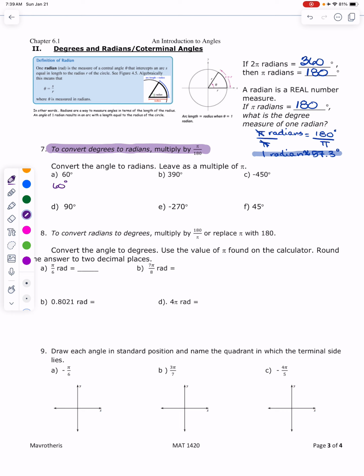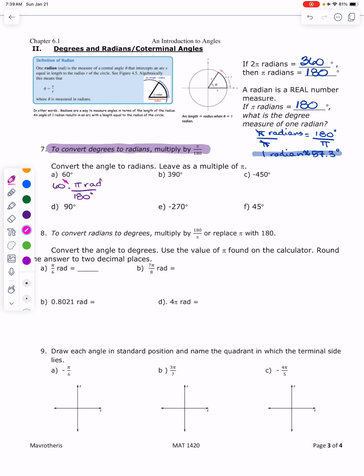So we have 60 degrees. I'm going to multiply by pi radians over 180 degrees. This is how I'm going to use that unit conversion factor up above. Sorry, momentary loss of words there.